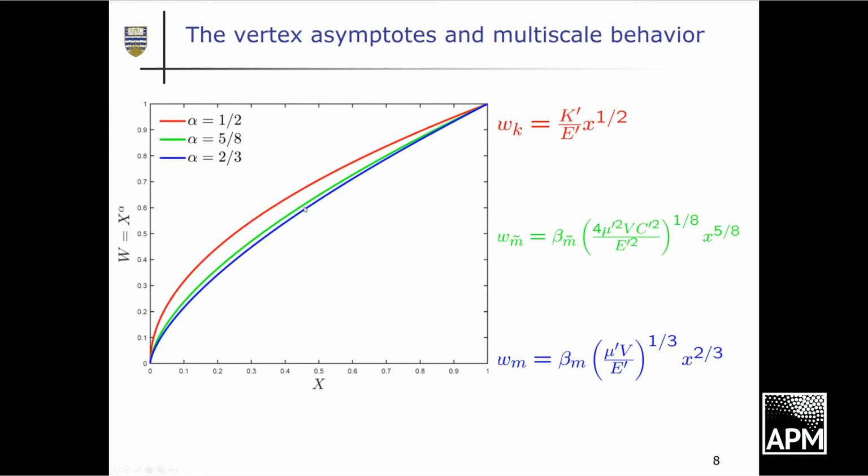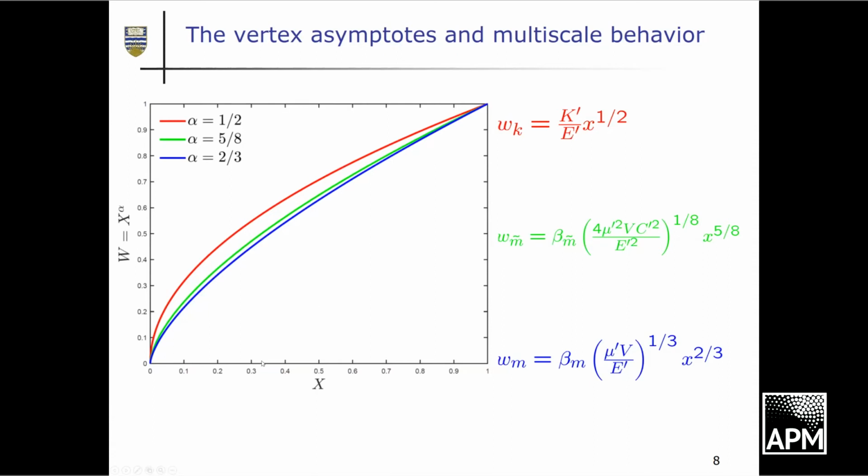So as the fracture propagates, these terms, the green and the red, the green and the blue, the leak-off and the viscosity asymptotes, can beat the toughness asymptote as long as you're far enough away from the fracture.